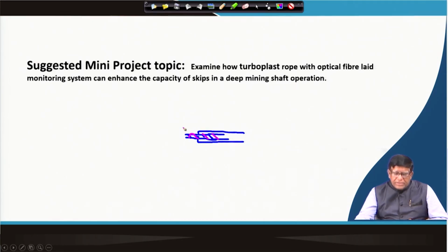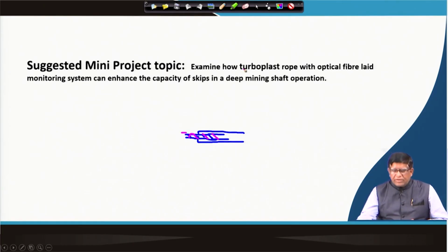Now, when this type of wire rope is used for hoisting, this optical fiber can monitor the stress level and so on, if some instrument is there. From there it will send the communication, and it can be used for monitoring.